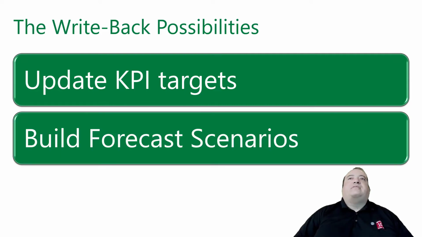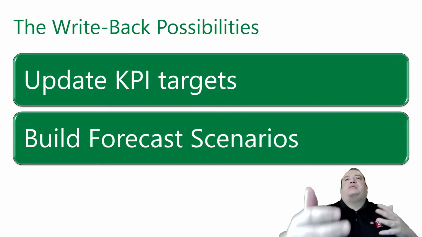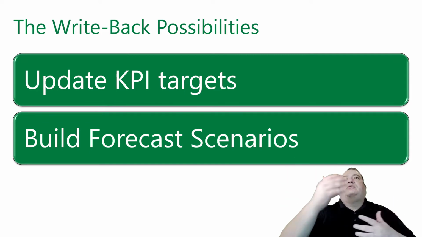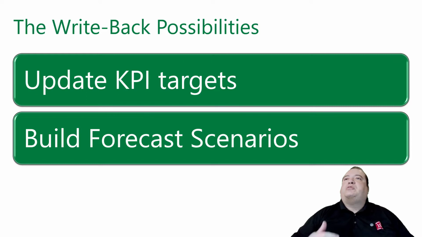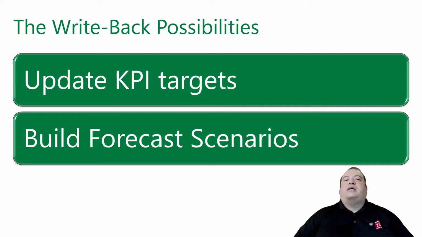Build forecast scenarios. Again, the facts of our analytical environment don't change, but if I would like to see future predictions, maybe I would like to see these future predictions based on some variables that I would like to input. So we can build forecast scenarios using the write back possibilities.